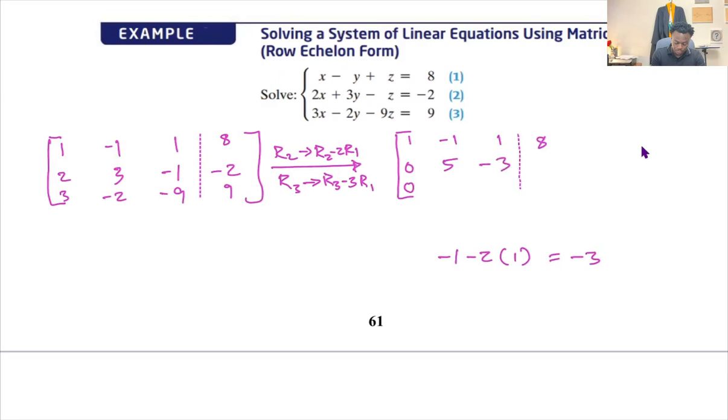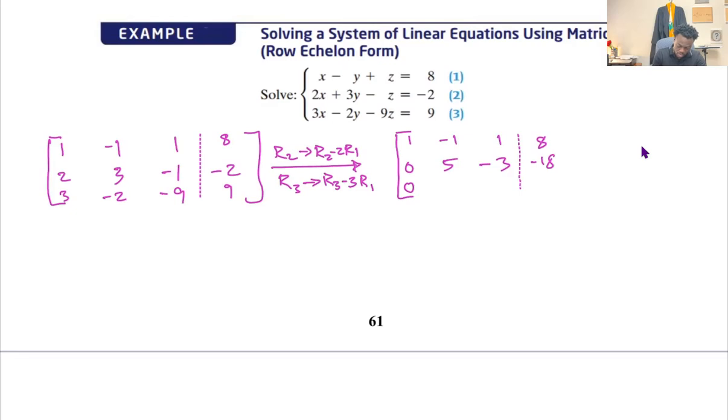Right? And then last row 2, -2 minus 2 times row 1, that's 8. So that's -2 minus 16. So that's -18. And then we are trying to write the second operation here.